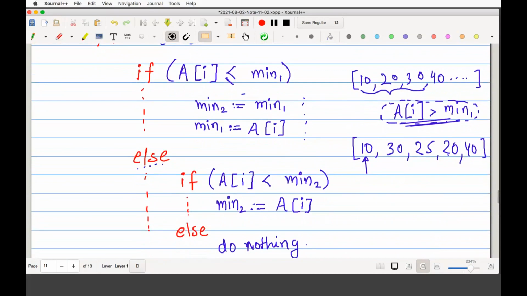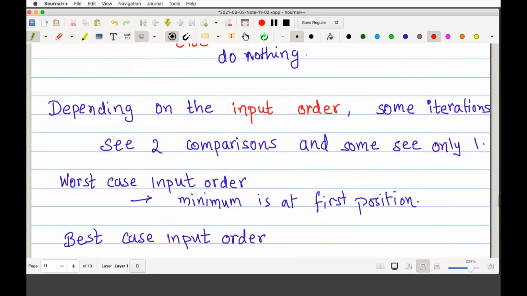So we are comparing Ai with the current minimum, and then depending on that we are doing something. So can you suggest some other strategy? You can compare Ai with min 2. Right, yeah, great.